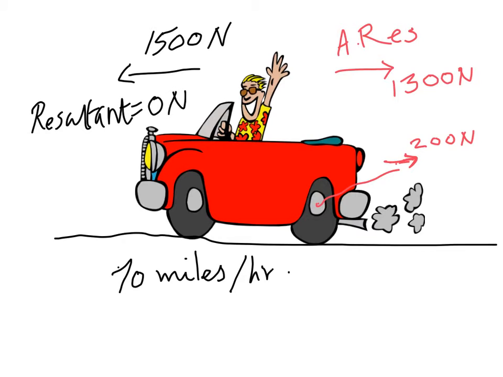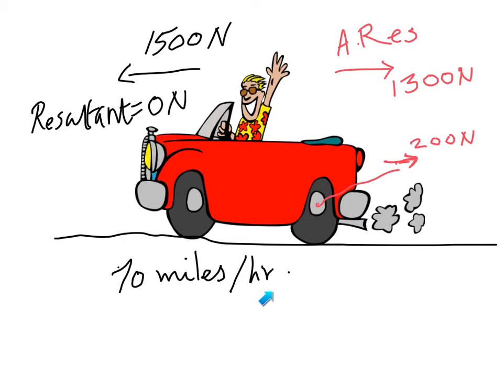0 newtons. So what will be the effect of that on the car? Will it go faster? Will it keep going at the same speed, or will it stop? Now, remember, he's already moving at 70 miles per hour. The forces are balanced, so apply the rules: there will be no change in speed or direction.